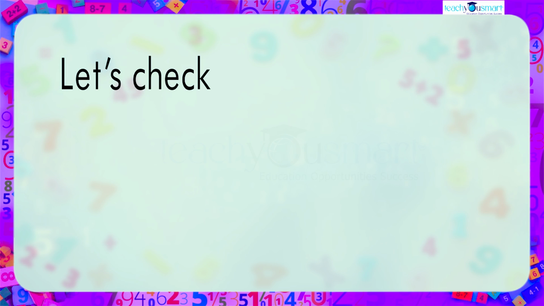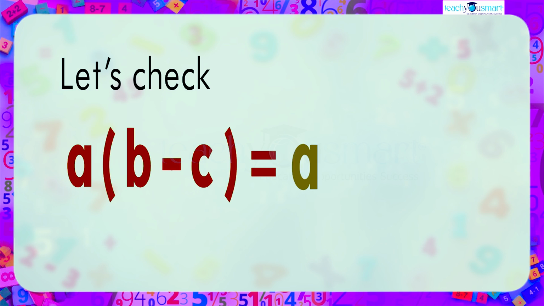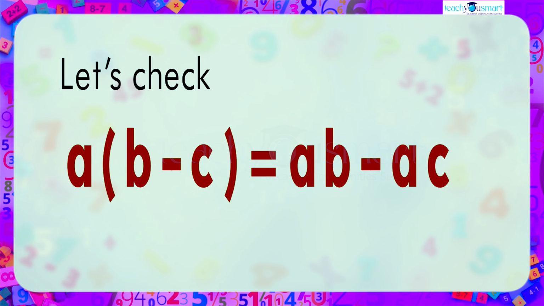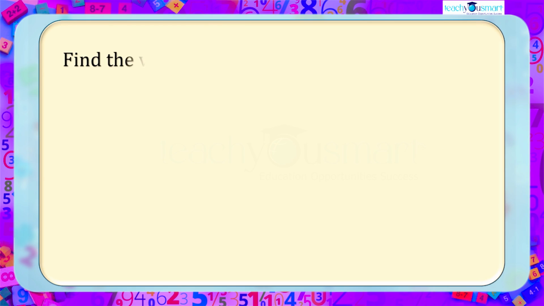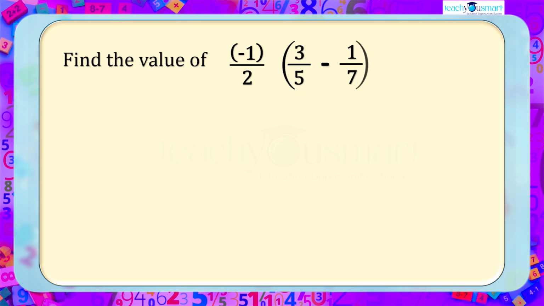Let's check. Is it applicable to a × (b - c) = ab - ac with the help of an example? Find the value of -1/2 × (3/5 - 1/7) in two methods as earlier. Let's take a = -1/2, b = 3/5, and c = 1/7.